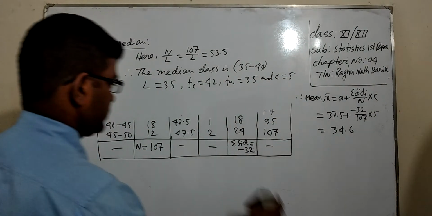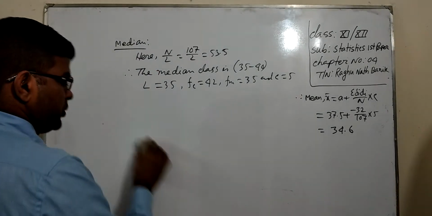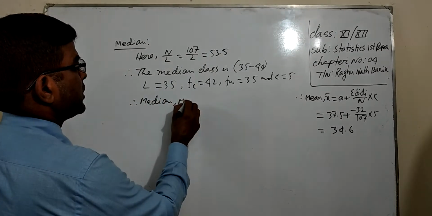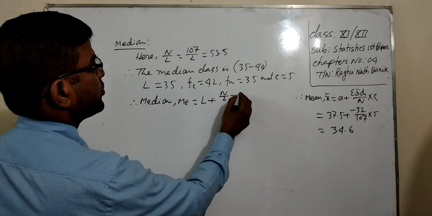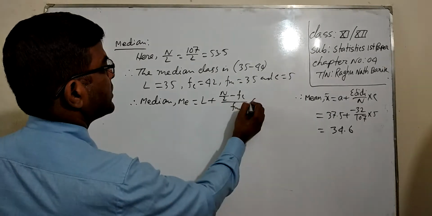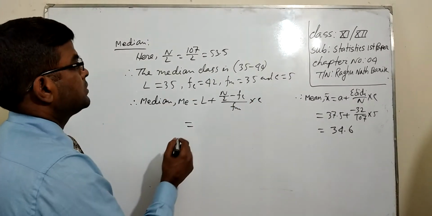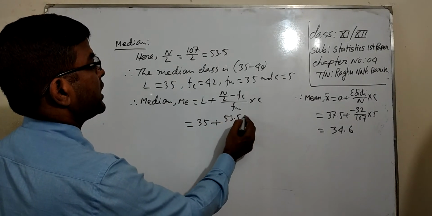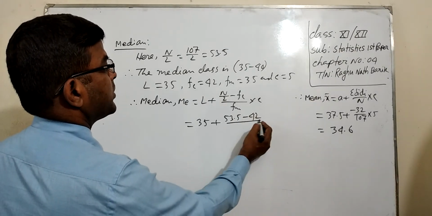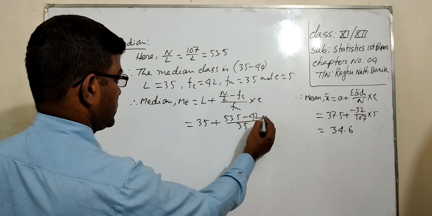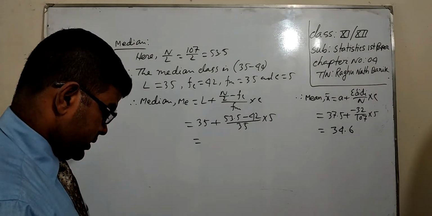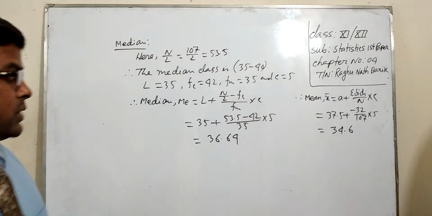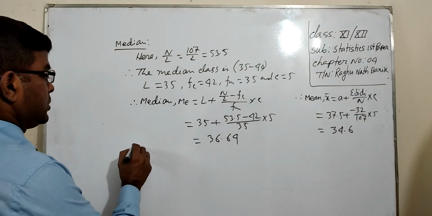So median equal to L plus n by 2 minus FC by FM into C. Putting the values in this formula: 35 plus 53.5 minus 42 divided by 35 into 5. The median is 36.64.